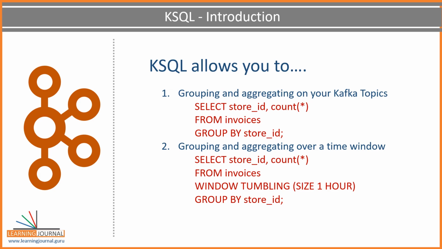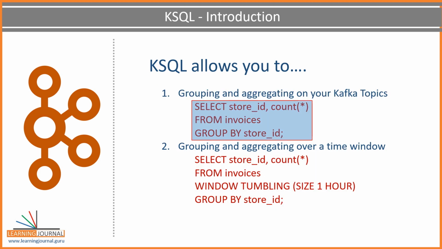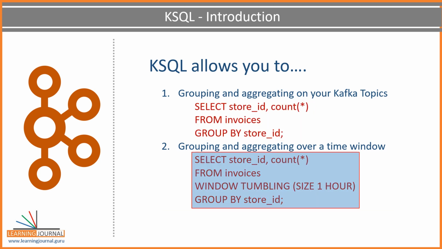In a nutshell, KSQL allows you to use your Kafka topic as a table and fire SQL-like queries over those topics. With that power in your hand, you can imagine the kind of things that you can do. Here are some examples. You can use group by and aggregates on your Kafka topics. You can group and aggregate over a time window.